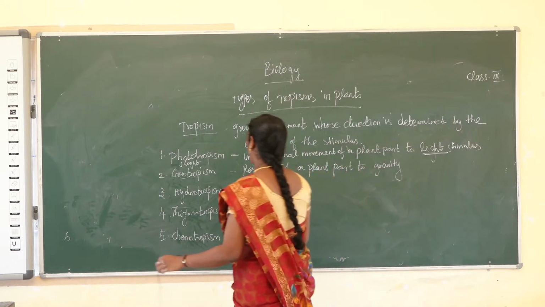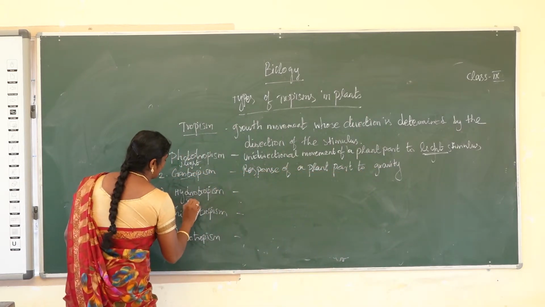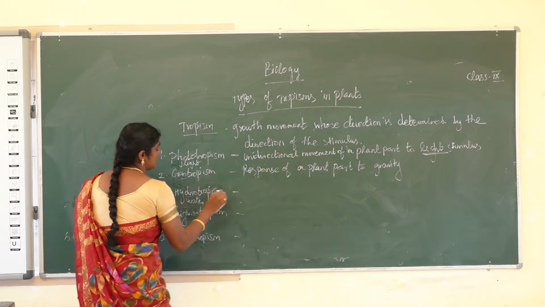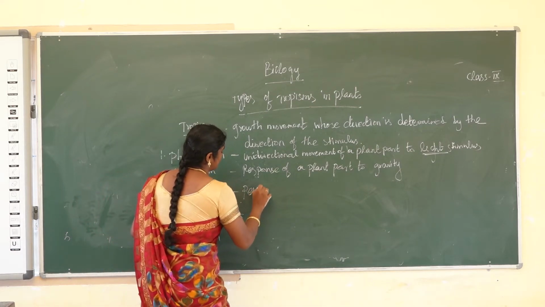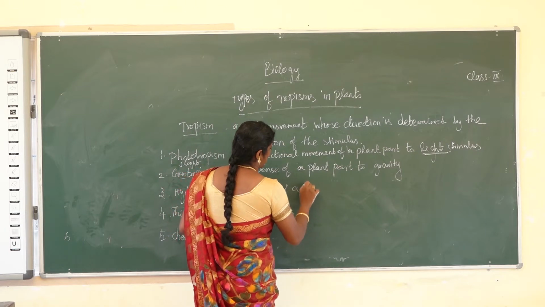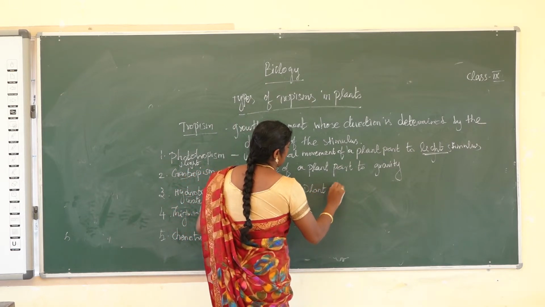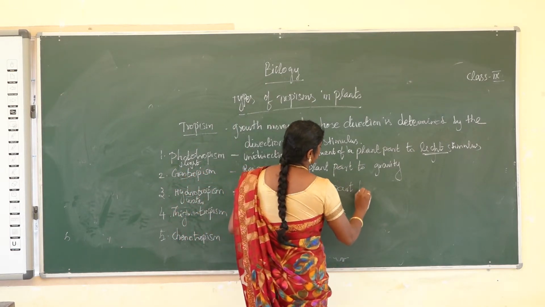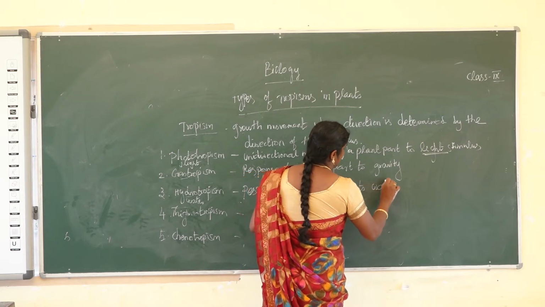Next one, hydrotropism. Hydro means water. So it is the response of a plant part to water stimulus.